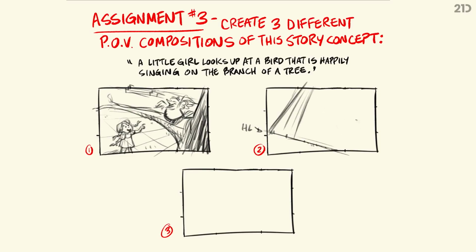I'm going to put her down here. She's going to be a little small, but we're looking over her shoulder. We're kind of looking up, so I'm going to draw the curve of her dress, her skirt, so we're seeing underneath it a little bit.